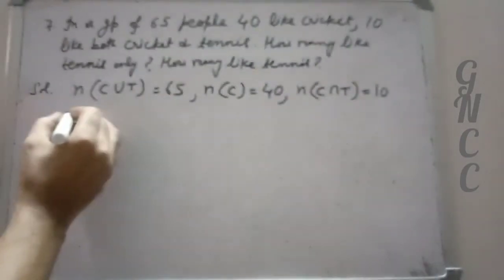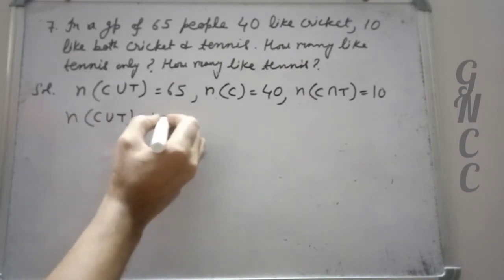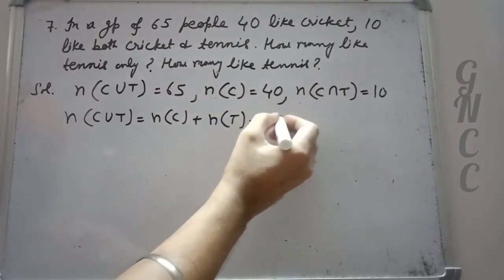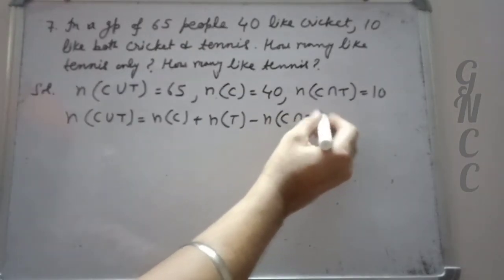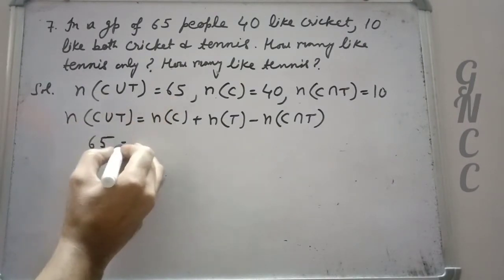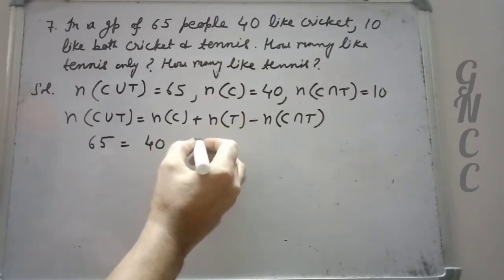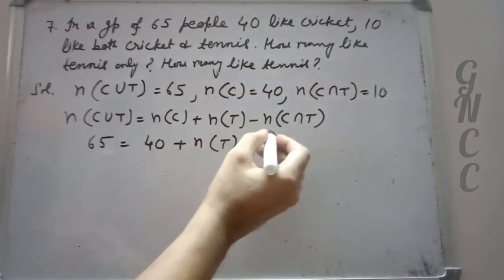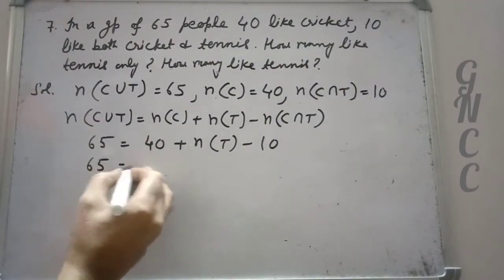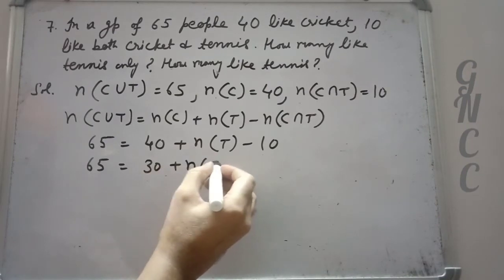So formula is same. First we apply n(C union T) equal to n(C) plus n(T) minus n(C intersection T). Union is 65, n(C) is 40, n(T) you have to find, and n(C intersection T) is 10. So 65 equal to 40 minus 10, 30 plus n(T).